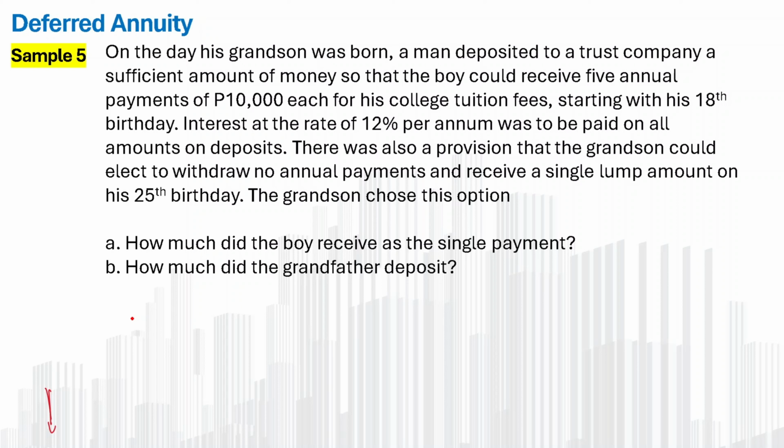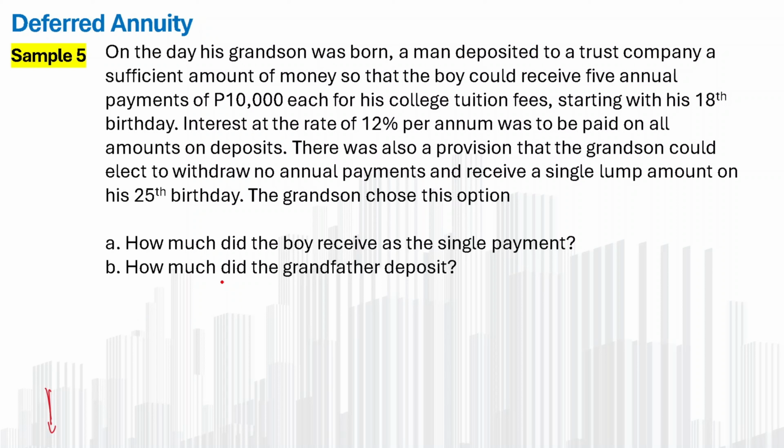Interest at the rate of 12% per annum was to be paid on all amounts on deposit. There was also a provision that the grandson could elect to withdraw no annual payments and instead receive a single lump sum amount on his 25th birthday. And this is what the grandson chose. So the questions: A, how much did the boy receive as a single payment? And B, how much did the grandfather deposit?